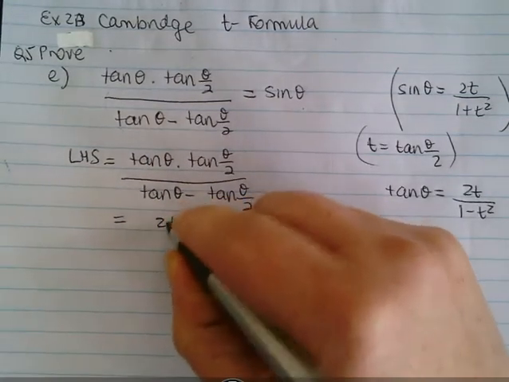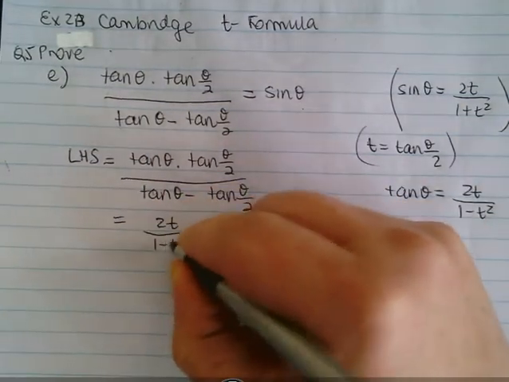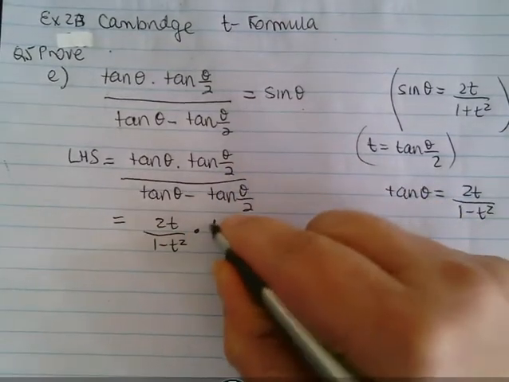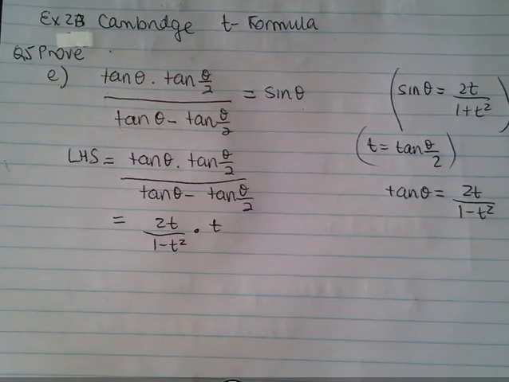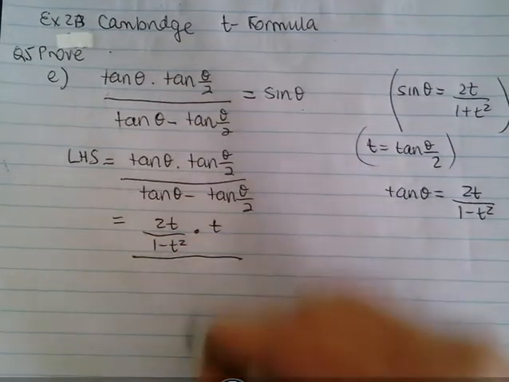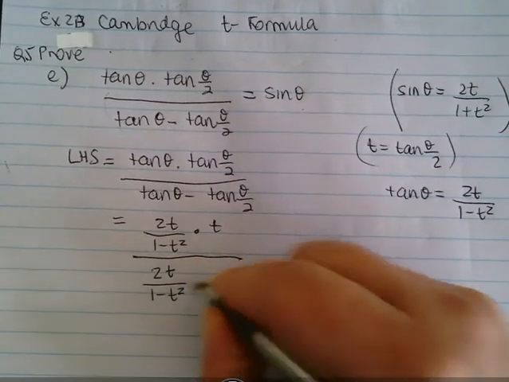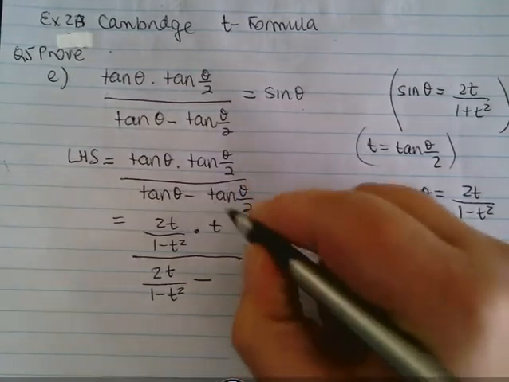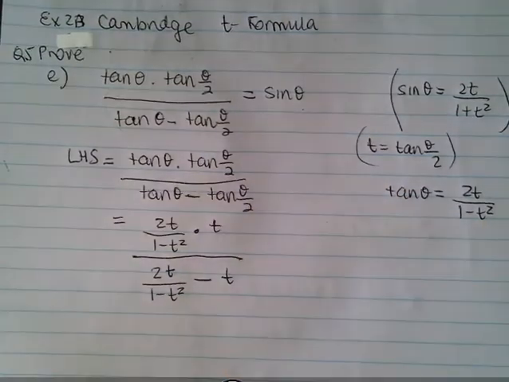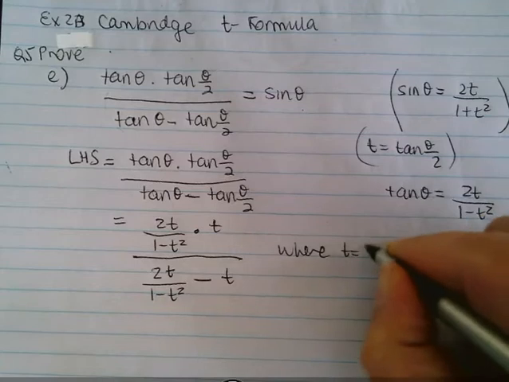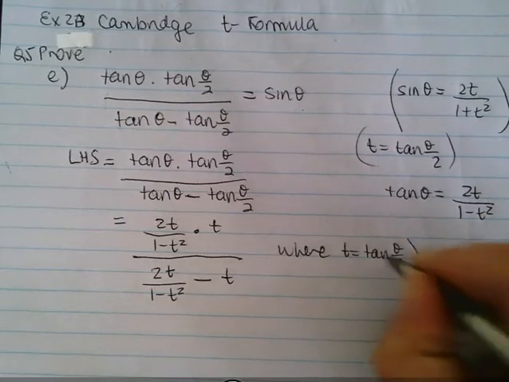So I've got 2t over 1 minus t squared times t, because tan theta on 2 is t, divided by tan theta, which is 2t over 1 minus t squared, minus t. And I'm going to write where t equals tan theta on 2.